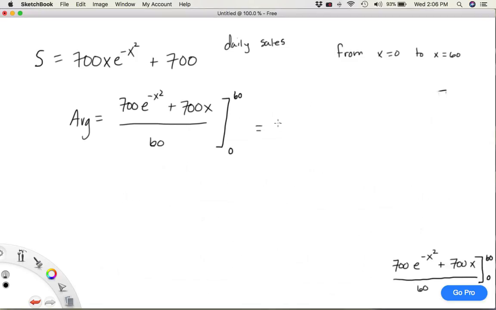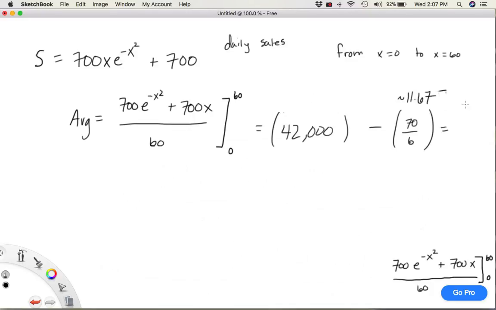Okay, so when we do this calculation, when you plug in 60, I got 42,000. And then when you plug in 0, you get 70 over 6, which is approximately 11.67.